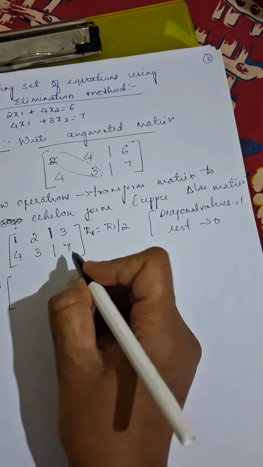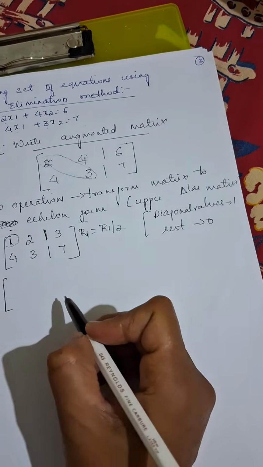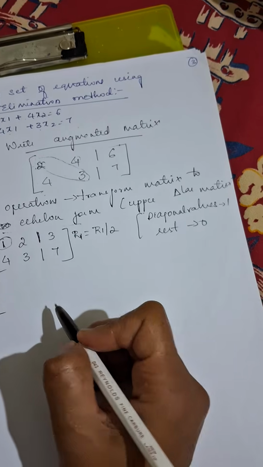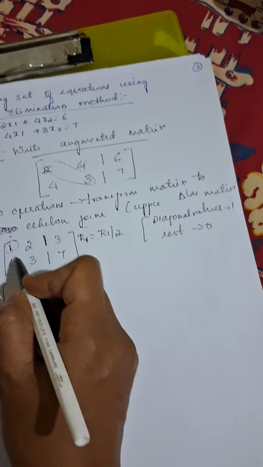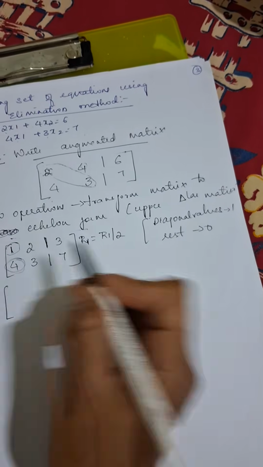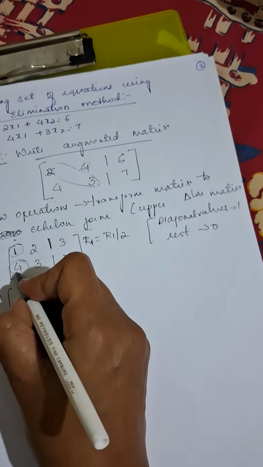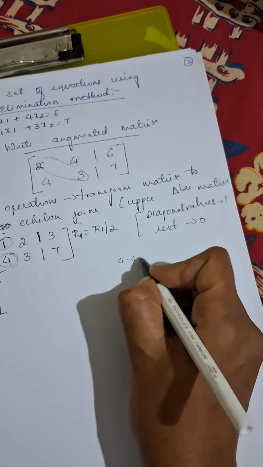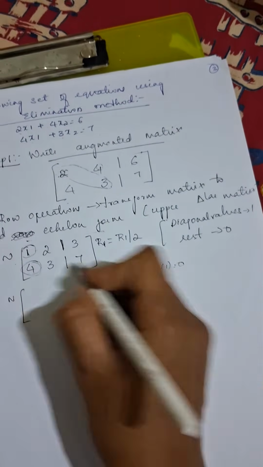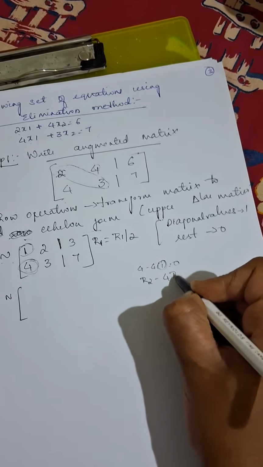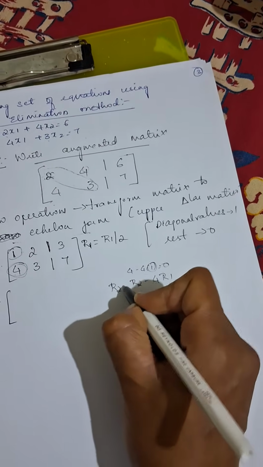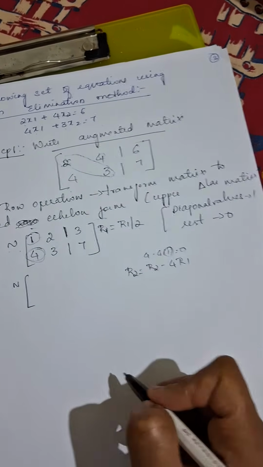Now this work is done. Now we will focus on making the other values 0. So let's focus on making this 0. How can you make that 0? 4 minus 4 times 1 will give me 0. So that is nothing but R2 minus 4 times R1, right? So R2 is equal to R2 minus 4R1.